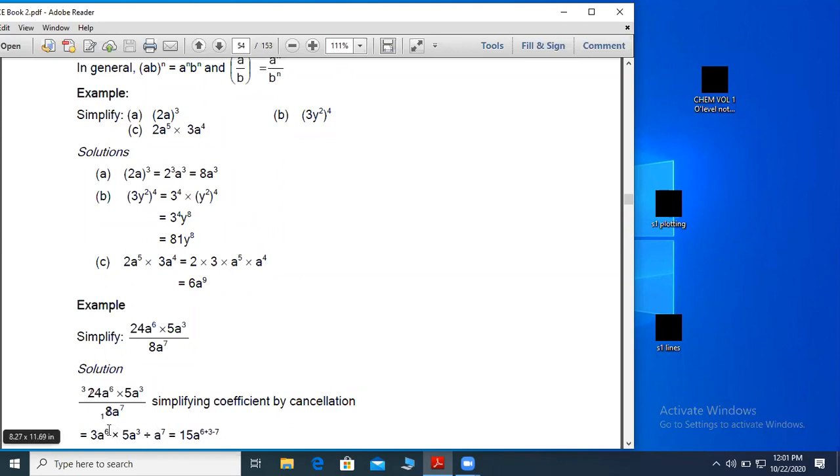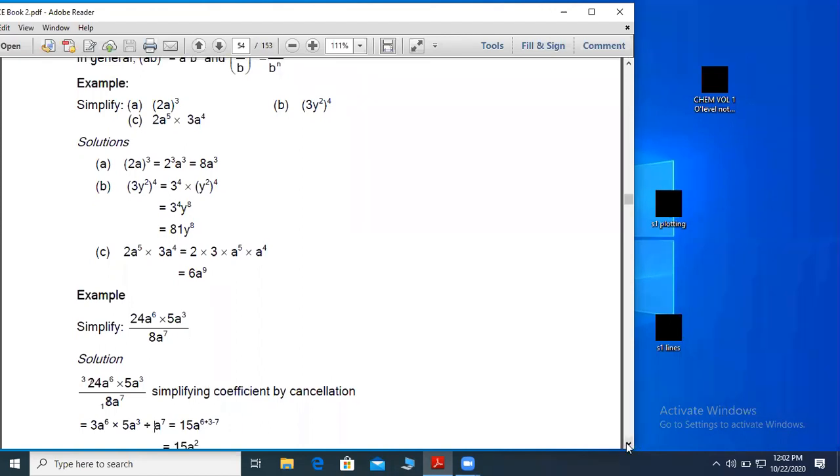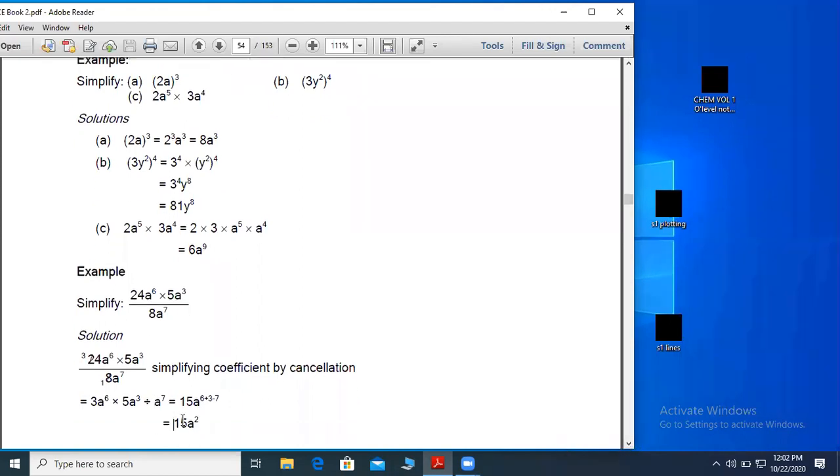You realize that the base is the same, a throughout, so you add 6 plus 3, which is 9. Then you are dividing, still the base is the same, so you subtract the powers: a power 9 minus 7, which is a power 2. So finally the answer becomes 15 a power 2.